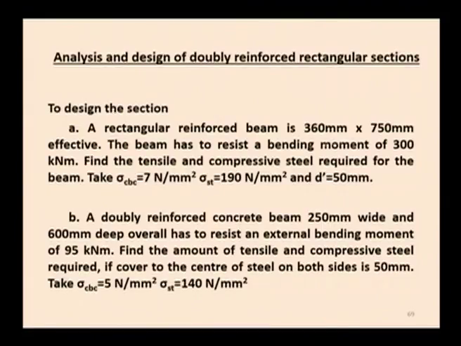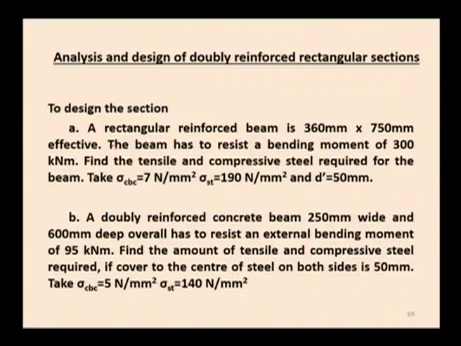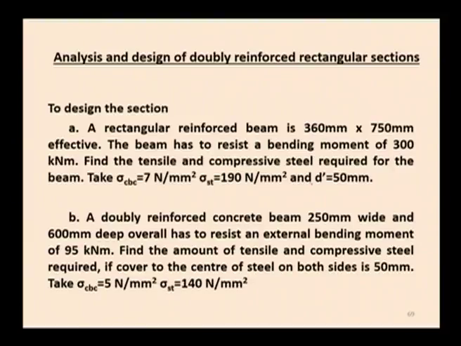The section is 360 by 750 mm, that is B is equal to 360 mm and D is equal to 750 mm. The beam has to resist a bending moment M of 300 kilonewton meter, and we must find the tensile and compressive steel required.